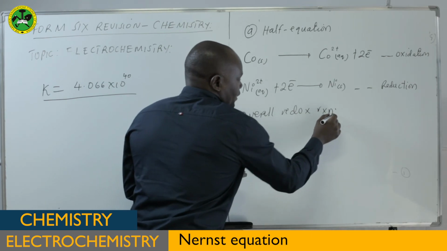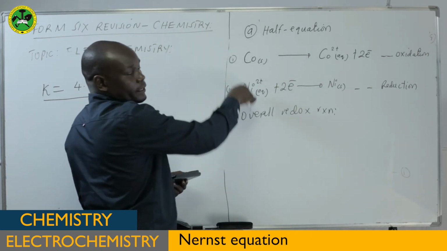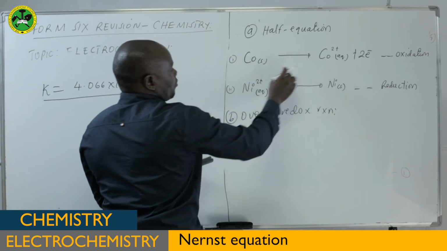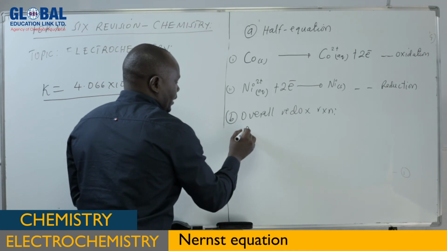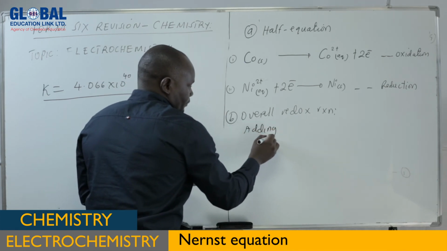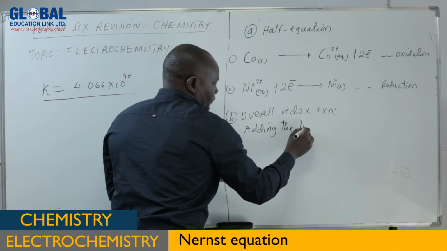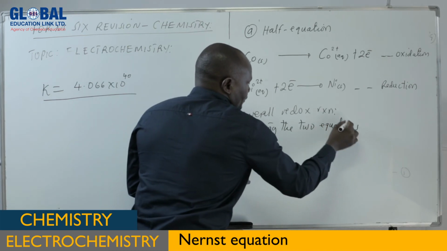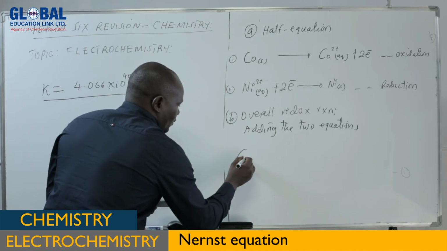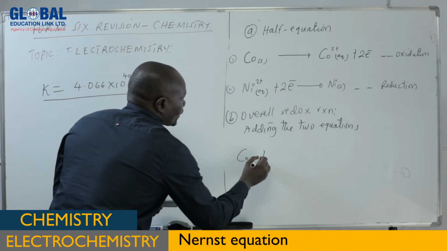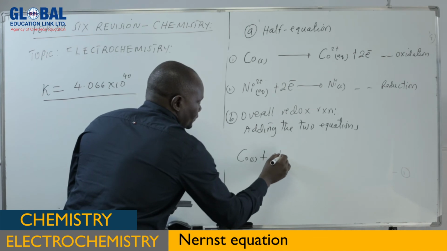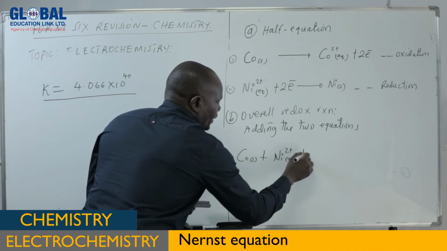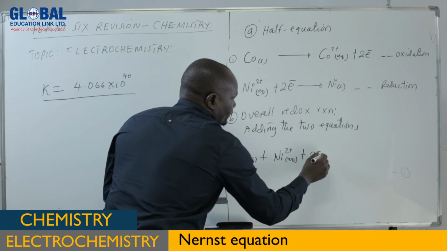reaction can be obtained by just taking the summation of the two equations. So take equation 1 plus equation 2. So adding the two equations, you'll have cobalt solid, plus nickel 2 positive aqueous, plus 2 electrons.